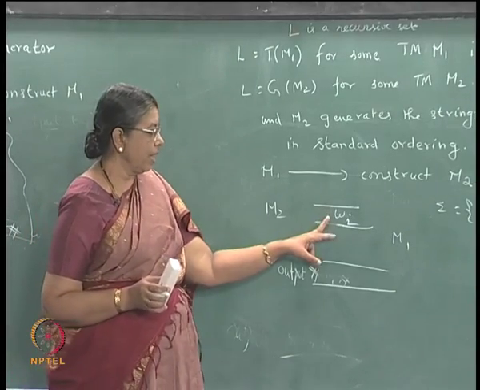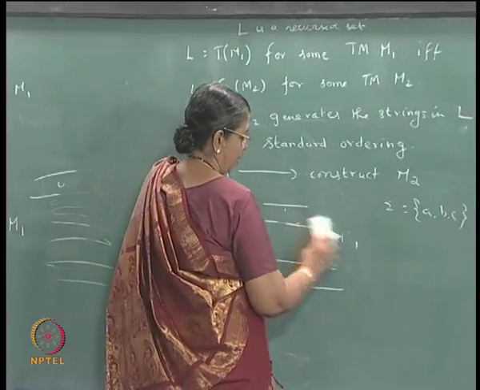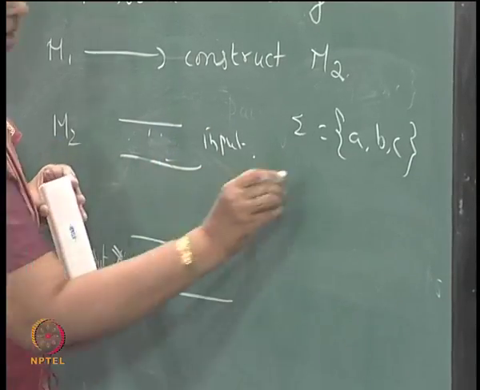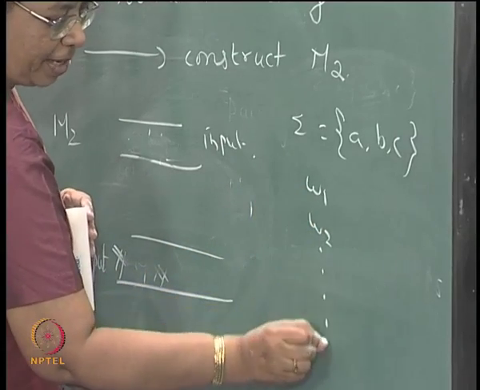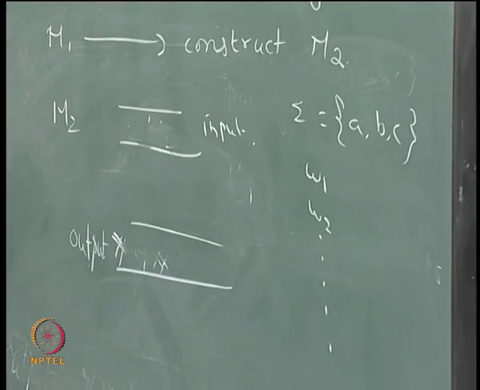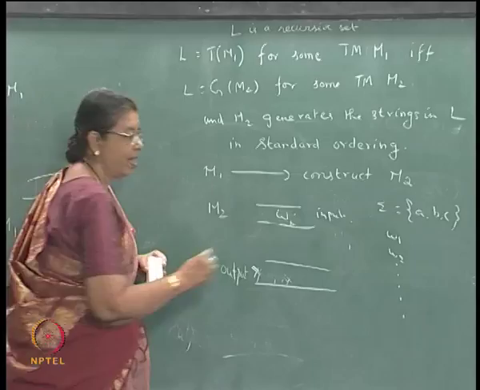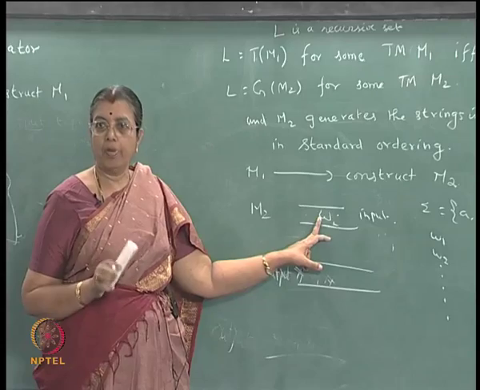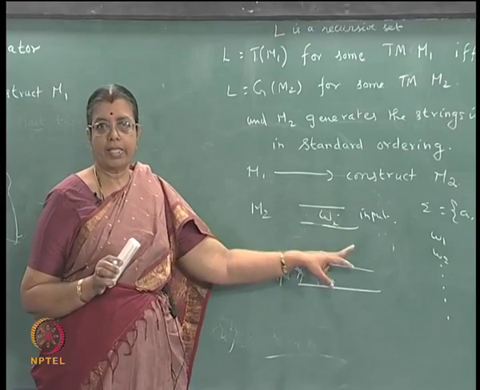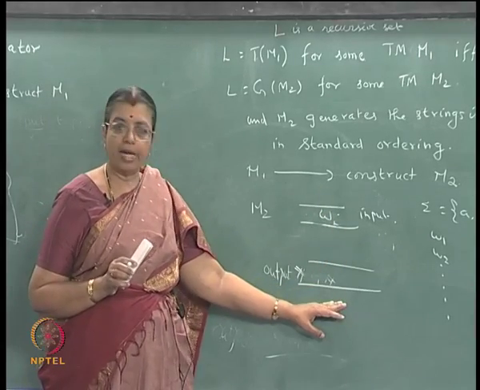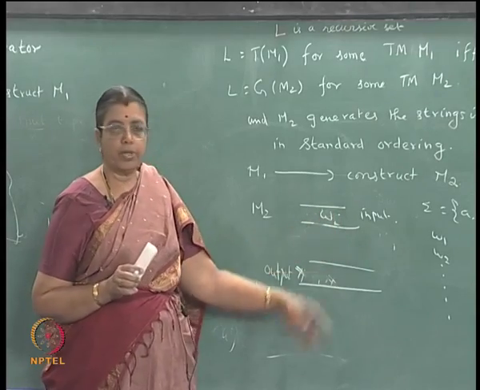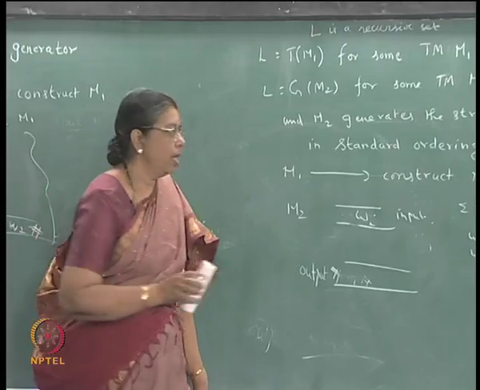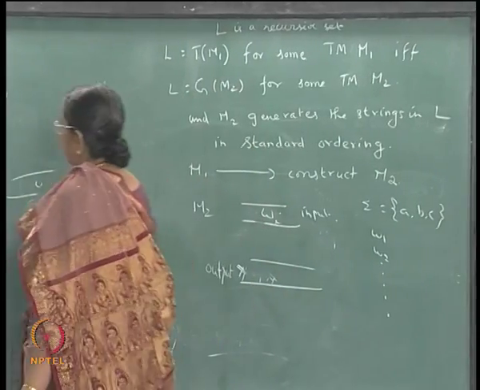So, in one tape, you will generate W1, W2, W3 etc. one by one. When Wi is generated, it will simulate the behavior of M1. M1 will always halt, so either it will accept or not. If it accepts, it will be printed on the output tape. If it does not accept, go to the next string Wi plus 1. So, this is the way this works.